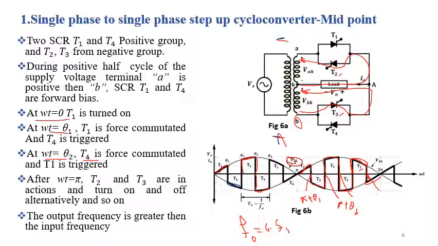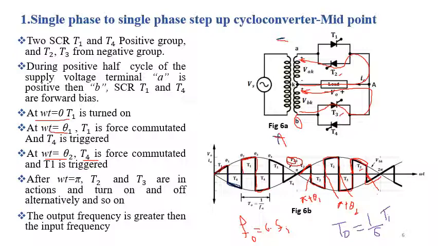It will follow the same procedure as we discussed here. So in this manner we are achieving an output voltage signal having frequency 6 times the source frequency, or having the time period 1/6 of the input signal time period.